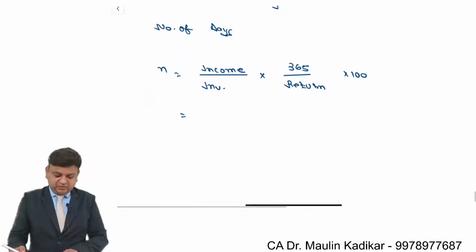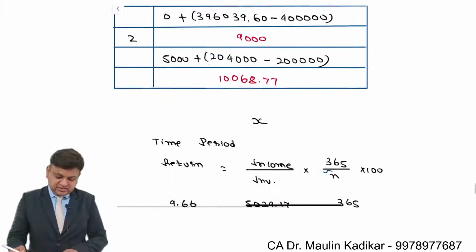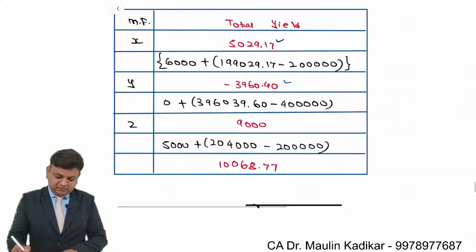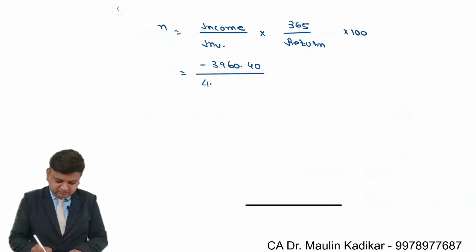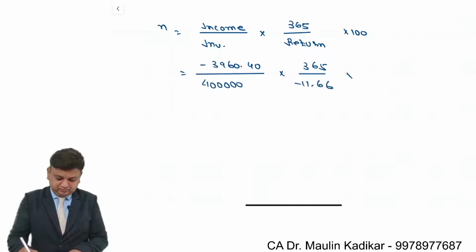As far as the income of Y mutual fund is concerned, it is 3960.4 negative. Amount of the investment 4 lakhs, into 365 upon negative 11.66 into 100.